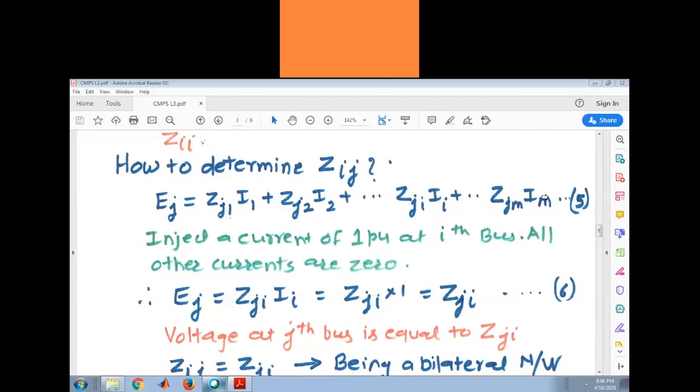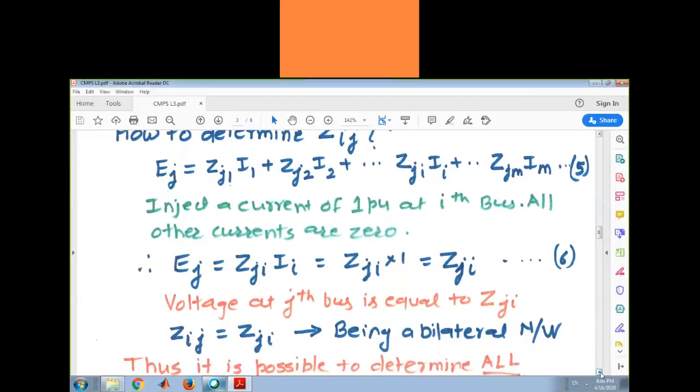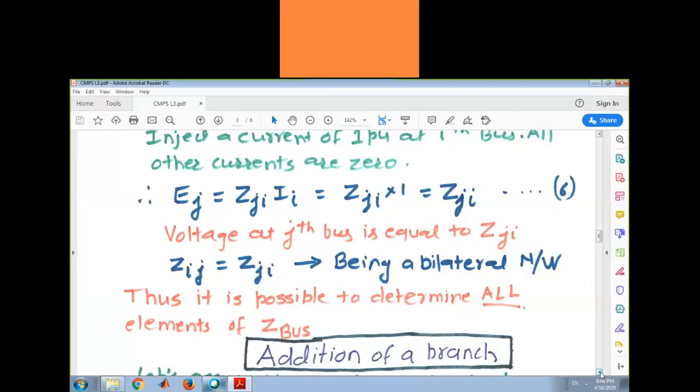If only Ii is 1 and all others are 0, Ej will be equal to Zji into Ii, that is Zji into 1, which is Zji. So if you measure the voltage at any other node j, that will be equal to Zji. It is as simple as that. Since we know Zji, we can always find Zij because Zji and Zij are the same, as it is a bilateral network. So it is possible to determine all the elements of Z.